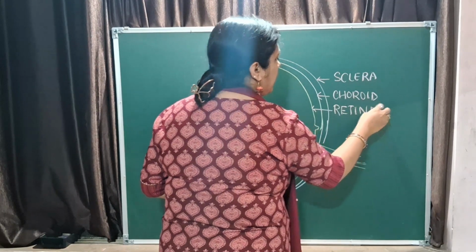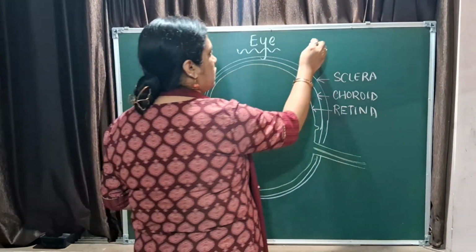Sclera is the outermost layer. How are you going to remember these three layers in order?